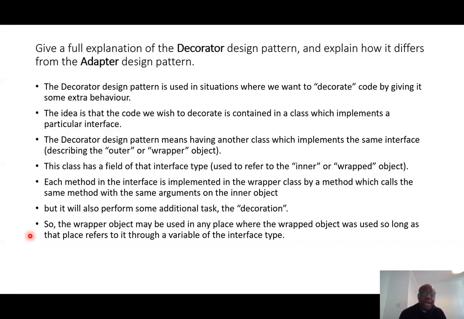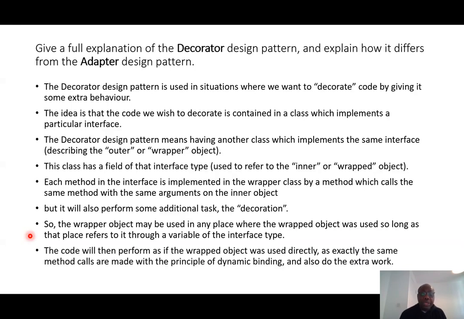So the wrapper object may be used in any place where the wrapped object was used, so long as that place refers to it through some variables of the interface type.